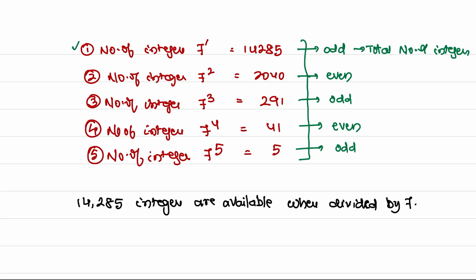When divided by 7, anything above 7, 7 to the power of 2, 7 to the power of 3, 7 to the power of 4, 7 to the power of 5, everything is counted. This is the total number. All integers divisible by 7 are counted.